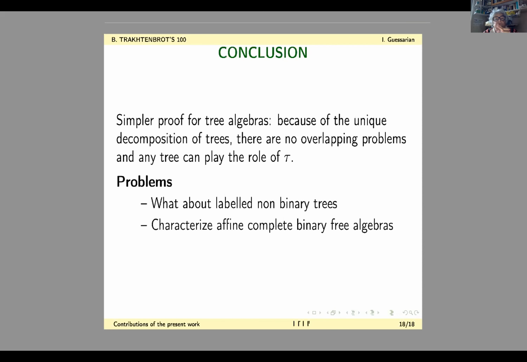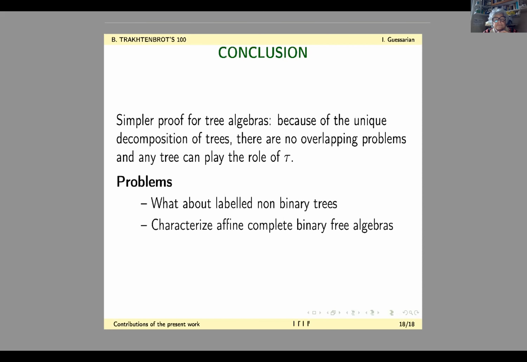Now, the tree algebras are apparently more complicated because they are non-associative and non-commutative, but the proof is much simpler. It's similar but simpler because of the unique decomposition of trees. We have no overlapping problems. So any tree can play the role of tau, and the proof is easier.